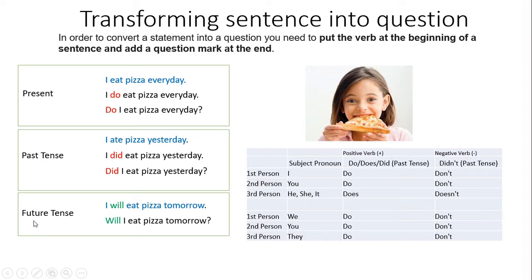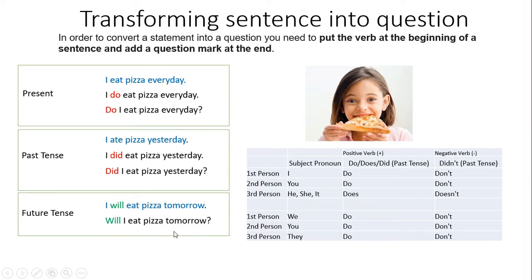Next is the future tense. In future tense, you should always put the word will in a sentence to signify that the sentence will happen tomorrow or in the future. So let's read. I will eat pizza tomorrow.